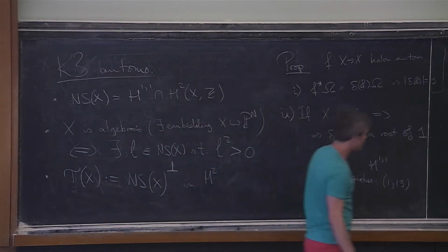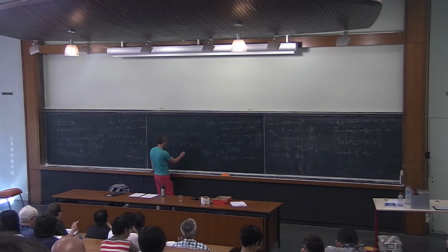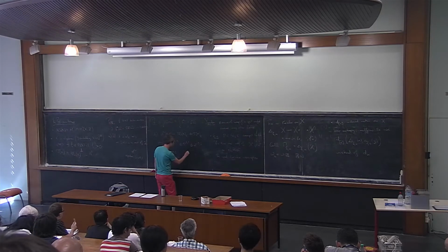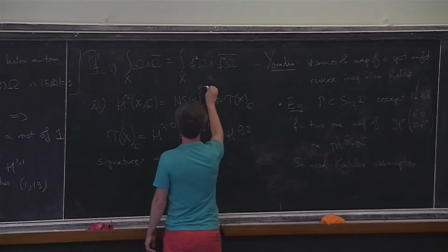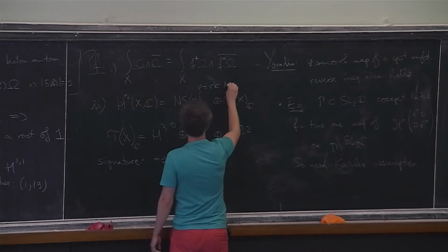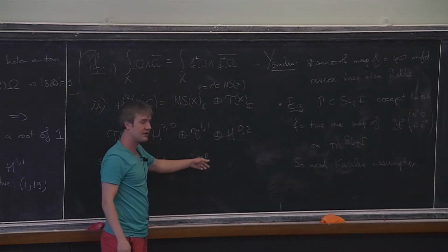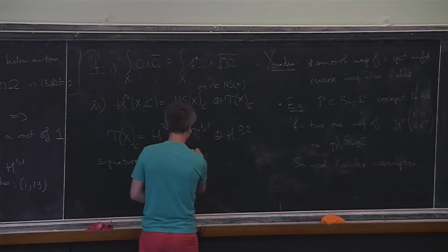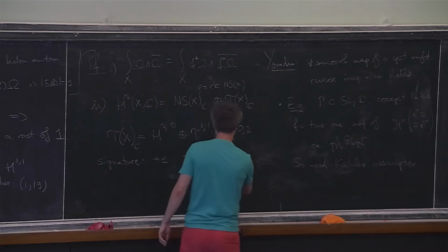So here we have signature essentially 20 minus rho, where rho usually denotes the rank of the Néron-Severi group of X. But it's important that it's negative definite, so I want to say minus (20 minus rho). And here you have, again, signature +1.